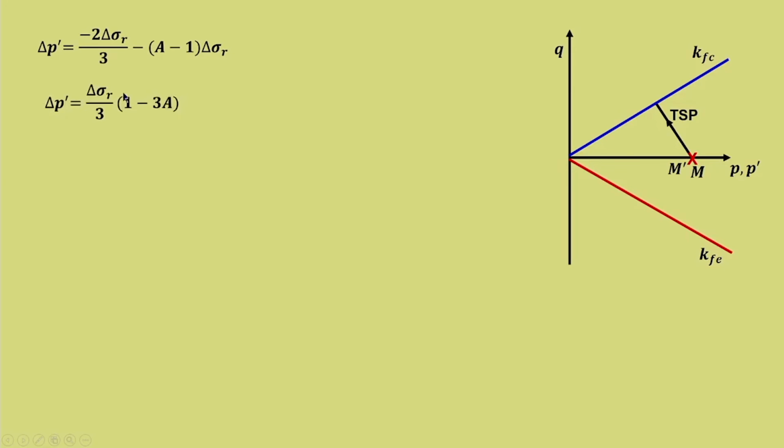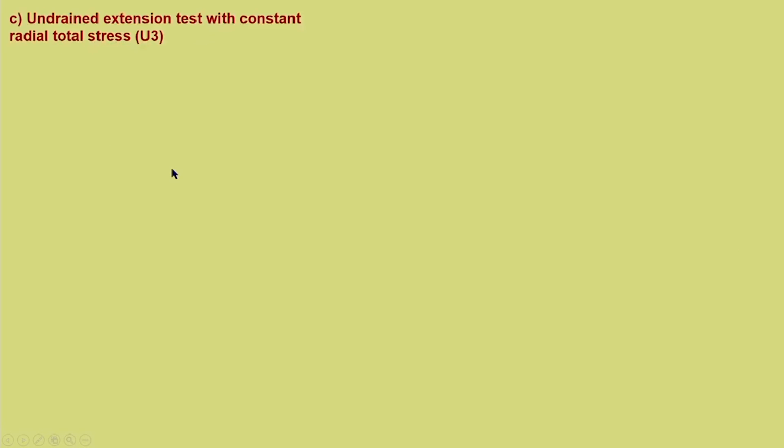So, delta P' is equal to delta sigma R by 3 into 1 minus 3A, and the slope is 3 by 1 minus 3A, and that remains the same. This is M' N', the ESP, and the nonlinear variation. So, in all the 3 cases we have got the slope of the effective stress path the same in both cases of compression. In both ways of compression it is the same.